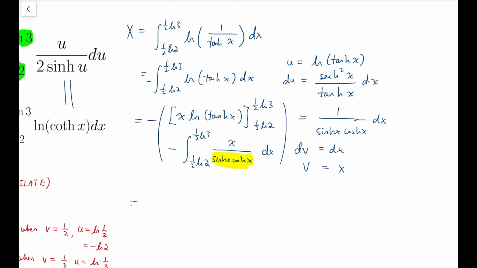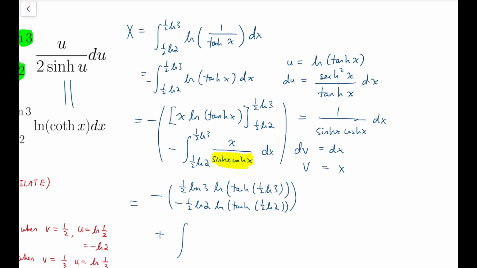And so I have the numerical part to be half of log 3 and then log of tangent h of this value again, minus similar things, added by the integral of x over 1/2 of sin 2x dx.